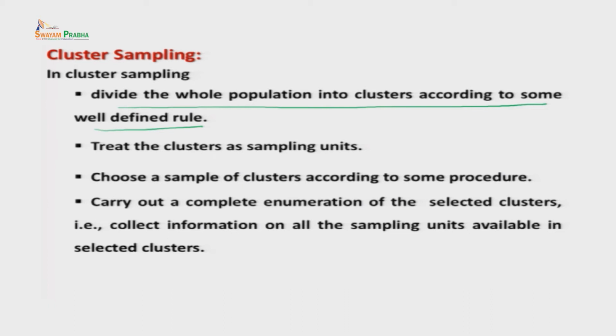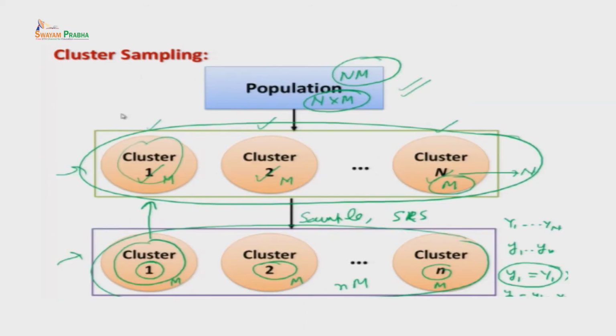So, once you have divided the whole population into clusters according to some well defined rule, you try to treat these clusters as sampling units. You can see in this picture that these are my sampling units. Just like here, this is similar to y1, this is similar to y2, and this is similar to yn.